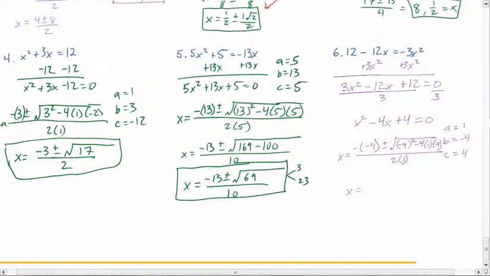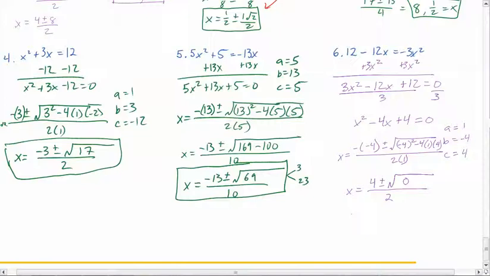So now we've got x equals positive 4 plus or minus the square root of 4 squared, which is 16, minus 4 times 4, so that would be 16 minus 16. And so that will give me 4 plus or minus 0, all over 2.